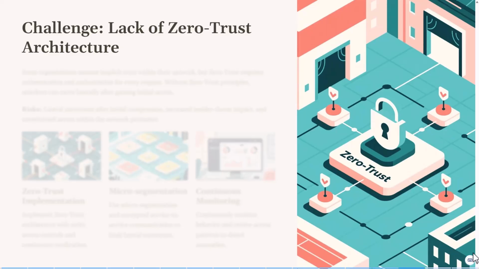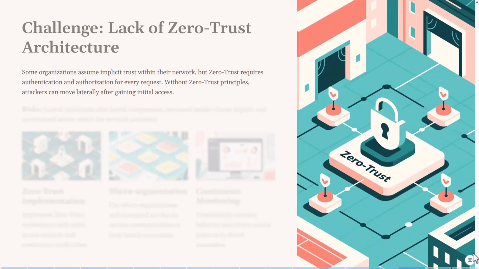Next, we have lack of zero trust. Some organizations trust all devices, users, and services inside their network by default. This can be dangerous because if an attacker gets in once, they can move around freely and access sensitive data.